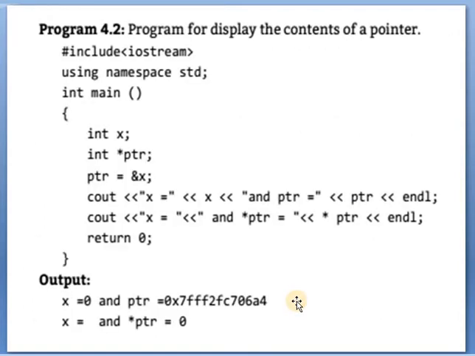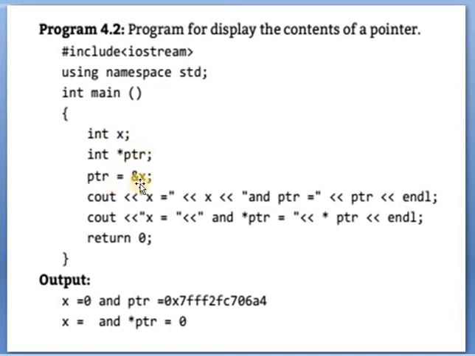Again we will see one program to display the content of the pointer. So #include <iostream.h>, then int main. Here int x; x is an integer variable. int *ptr; this ptr is a pointer variable and it is going to store the address of the variable x.